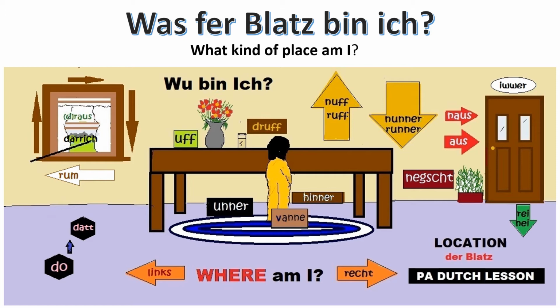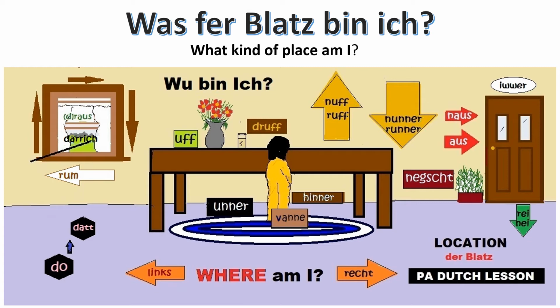Then we are also talking about going around the room, and that's another way that you can associate certain things that will help you to remember better. I like to use mnemonics or things that are a little unusual so that you can remember things better. Around the room. Say we're going around the room. Rum means around. If you notice the arrows around the window on the left, rum means around.